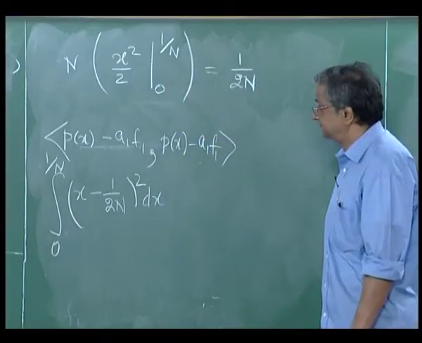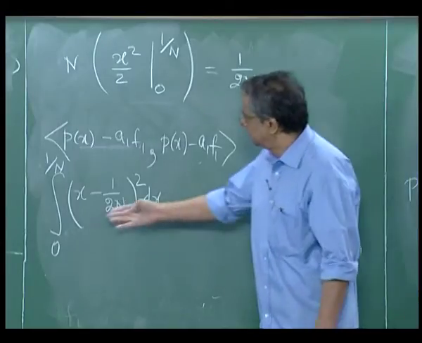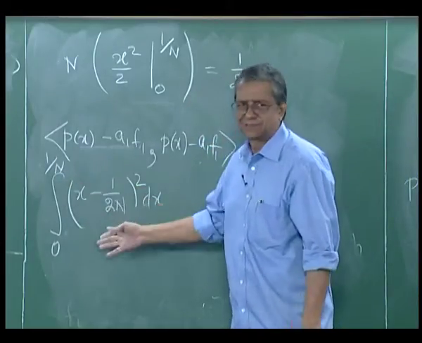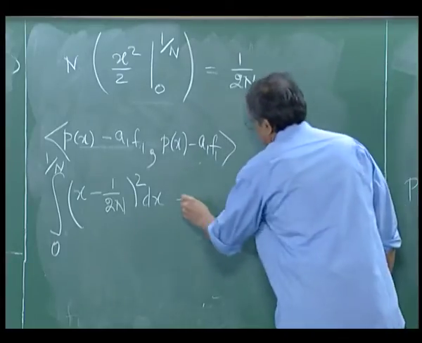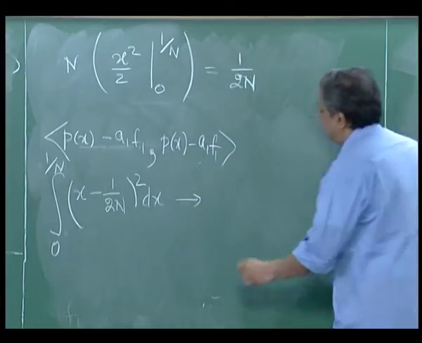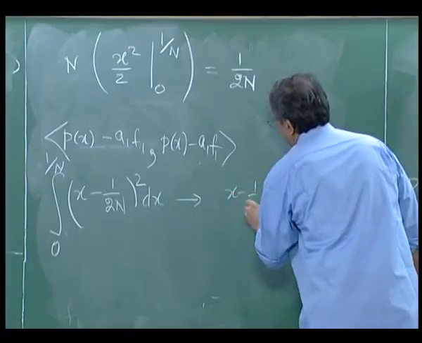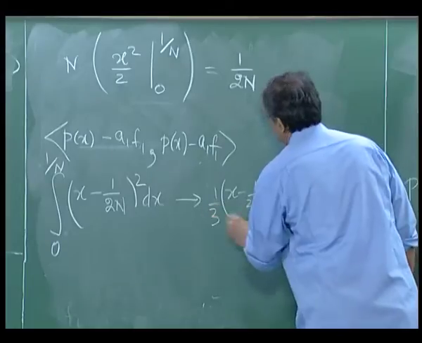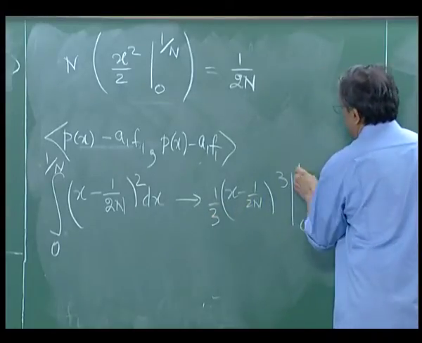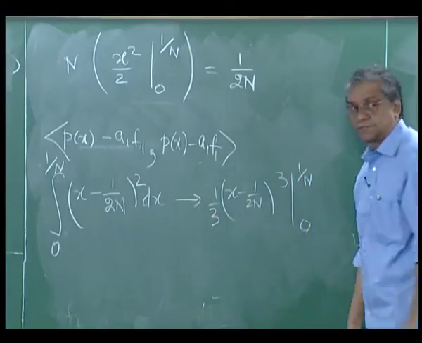Earlier we had 0 to 1/3, x minus 1/6. You can just verify that it is okay. And this in fact will be x minus 1 by 2n cubed by 3, between the limits 0 and 1 by n, and that should turn out to be fine.